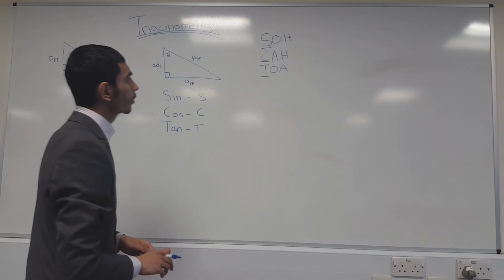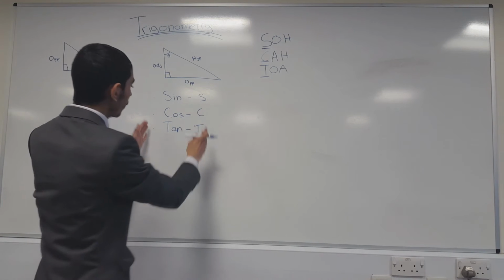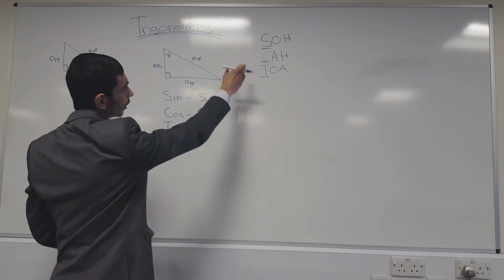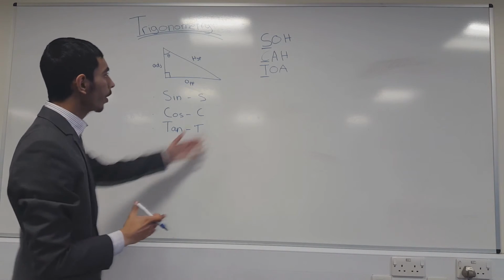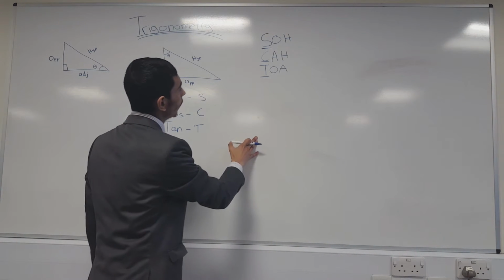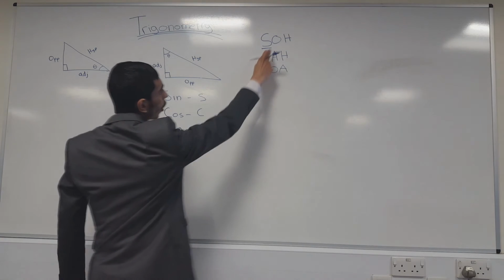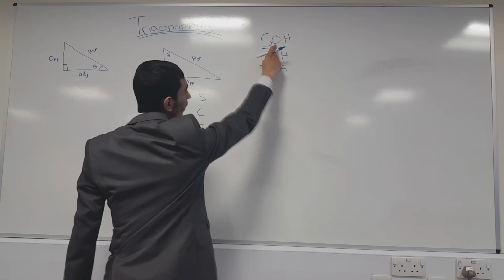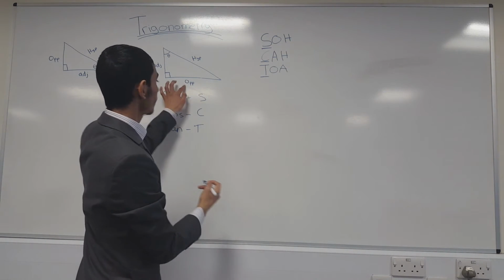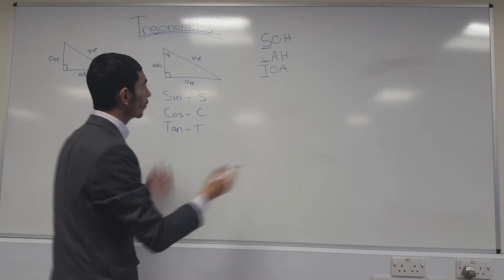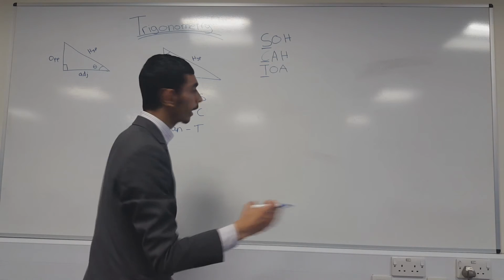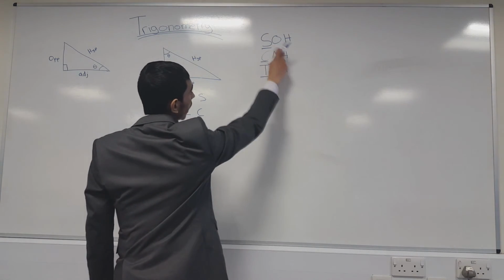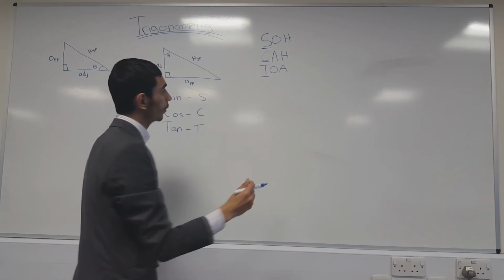So now that we know the first initials of these letters, what are the others there for? Well, O stands for opposite. This side over here, or that side, or whichever side, according to the position of the angle. And the H stands for the hypotenuse.